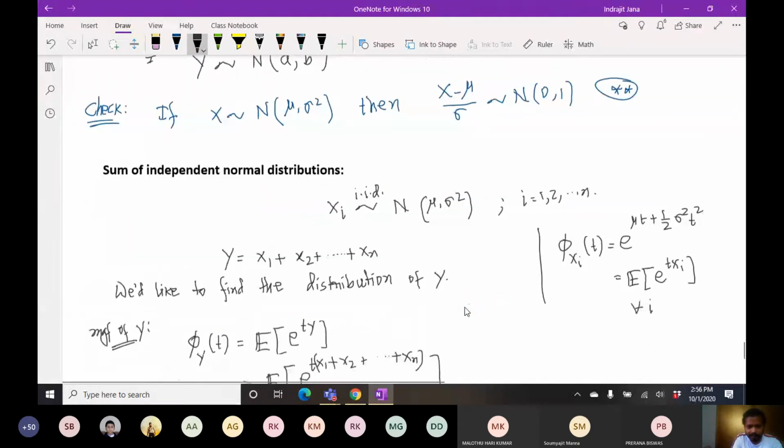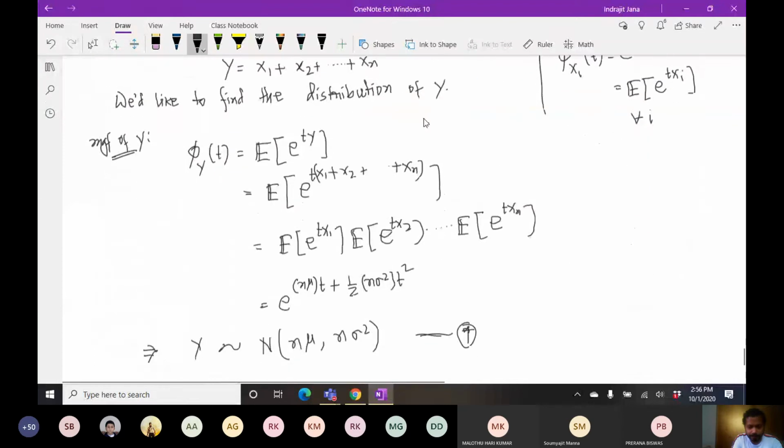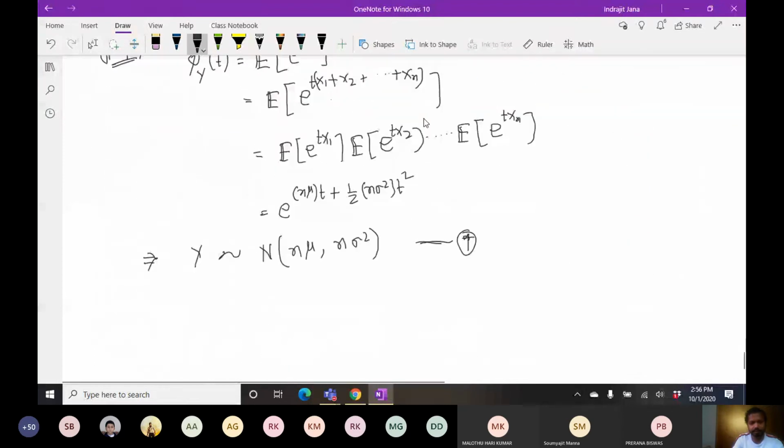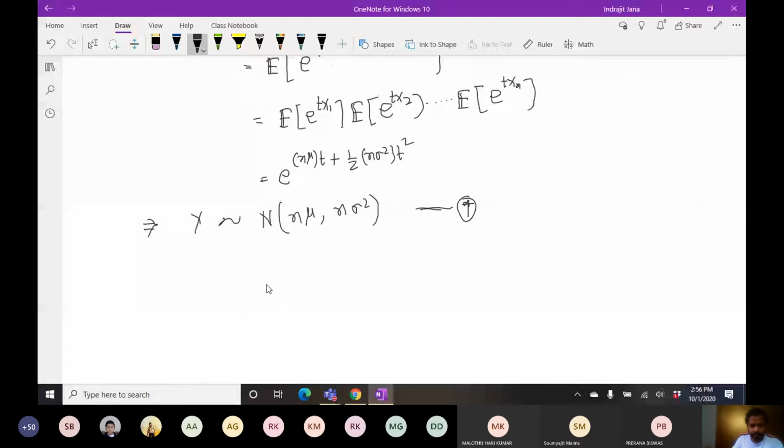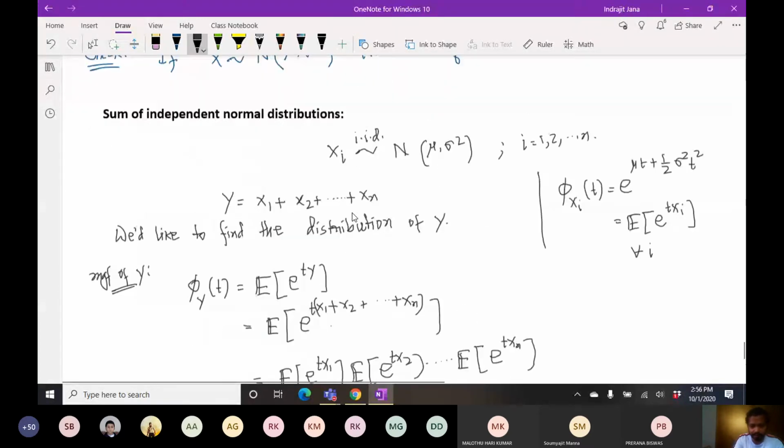Now if I apply that fact, what I see here is actually kind of amazing. It says that y minus n mu divided by the square root of this variance. So let's look at that again.